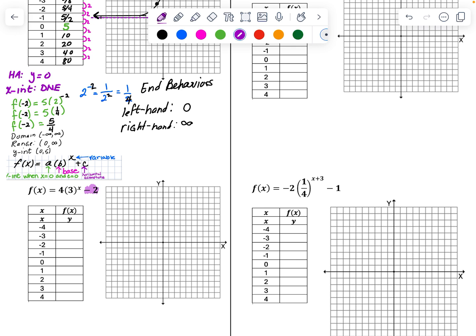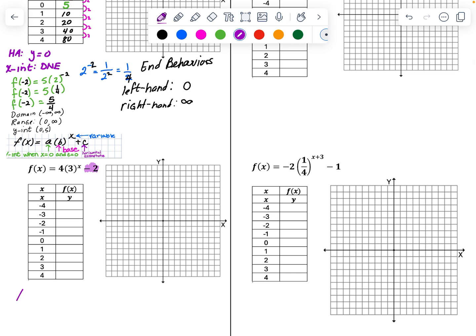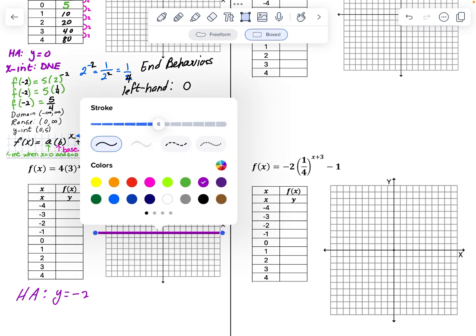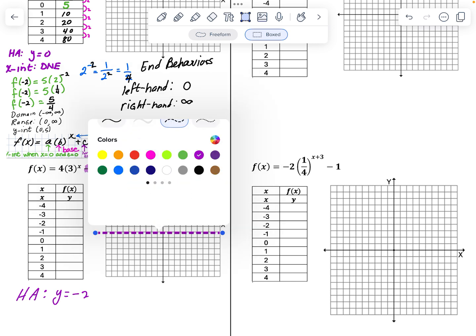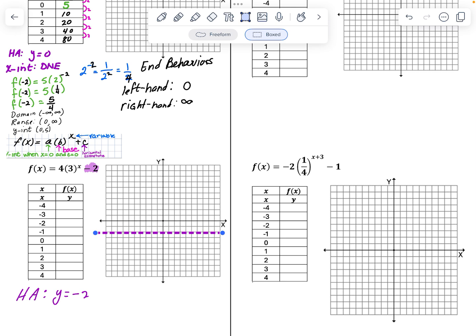So that means I'm going to have a horizontal asymptote at y equals -2. So I am going to have a horizontal asymptote that goes through -2, just like this, and that's going to be dotted because it really isn't part of the graph. Okay, so that's our horizontal asymptote.